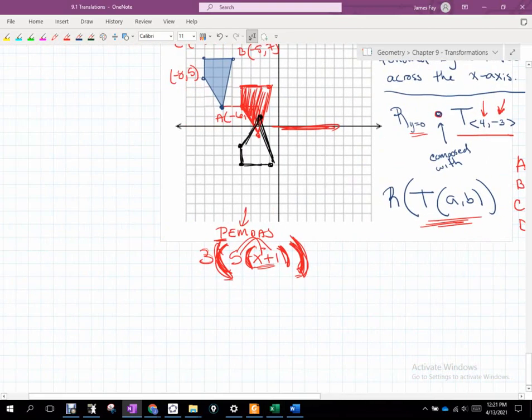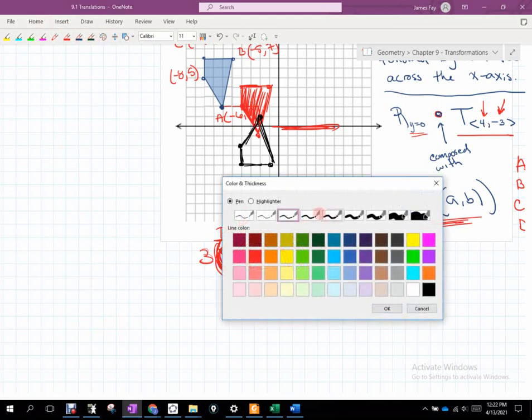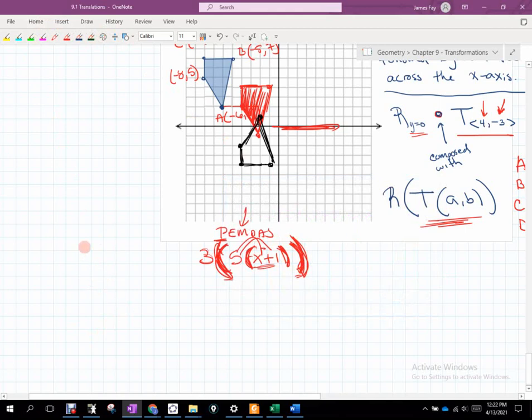You might see them in all different varieties, and when we start getting more rules in a little bit, when we start doing dilations and rotations, you might see 3, 4, 5 of them stacked on top of one another.